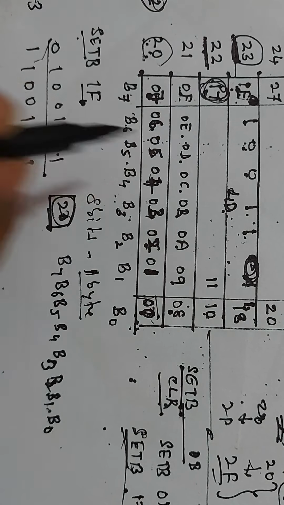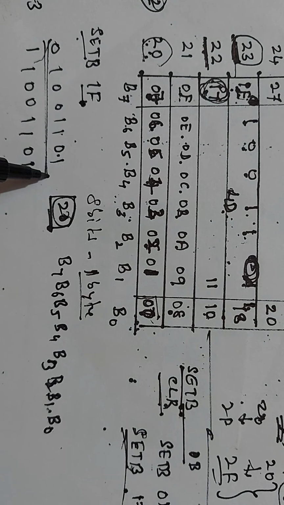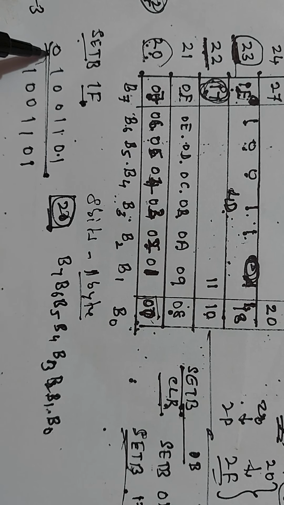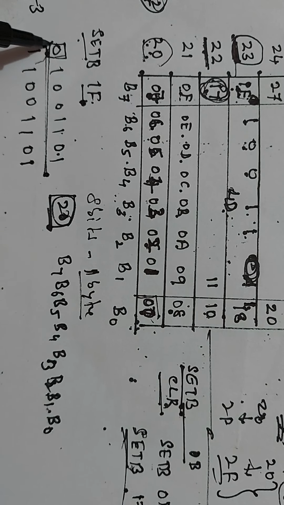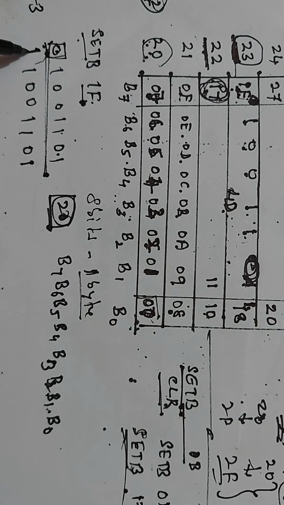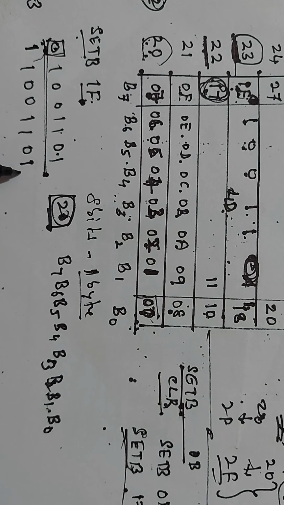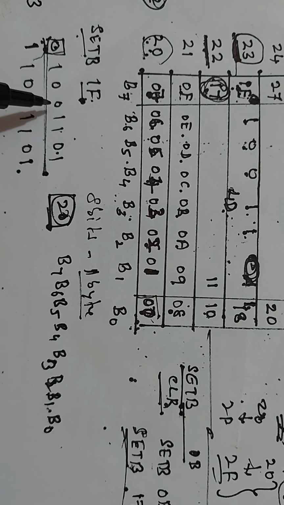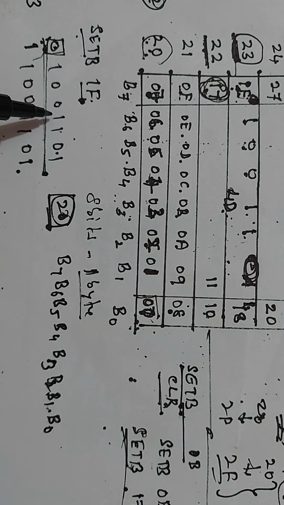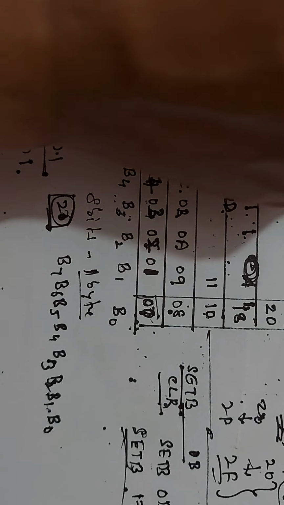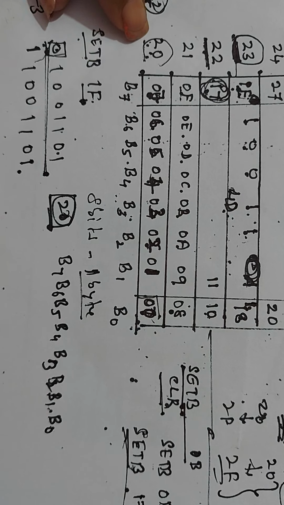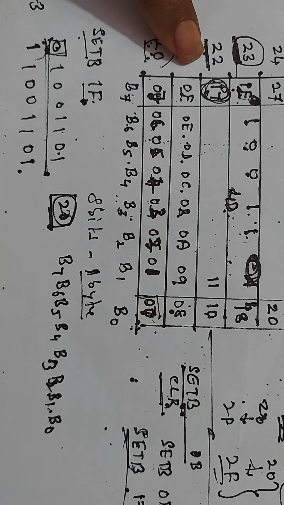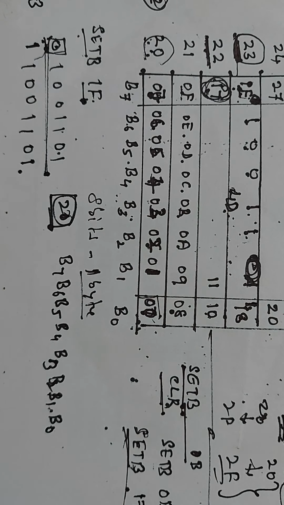RAM location 23 contains this number, so the 8th bit is 1F. Set bit 1F means make this 1. Then 0 goes to 1 and all the rest remains the same. That means you can change any one bit if the RAM location contains any number. From 20 to 2F it is used only as bit addressable.